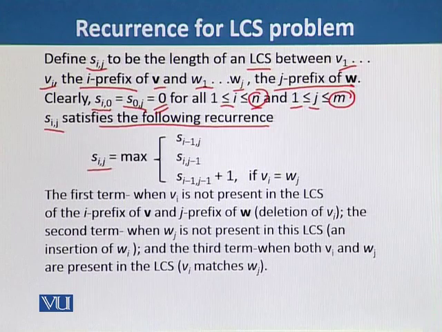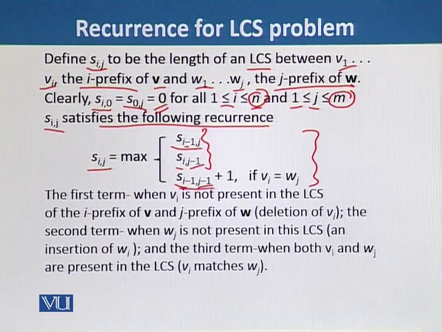To calculate S(i,j), we take the maximum value from these three terms: S(i-1,j), S(i,j-1), and S(i-1,j-1). The first two we have already calculated for the Manhattan Tourist problem, and the third is this one, plus 1 if the V and W characters are identical. We select the value that has the maximum score.